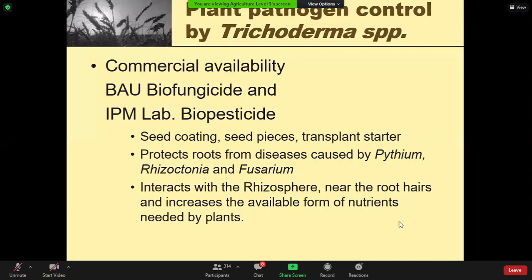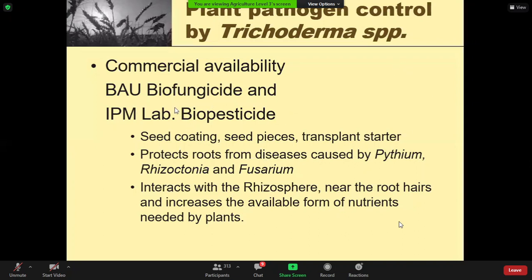And IPM lab biopesticide was also developed with the help of trichoderma species by Professor Dr. Bahadur Mia. Both are retired professors in our department, and these are commercially available fungicide and biopesticides. Both pesticides are based on trichoderma.